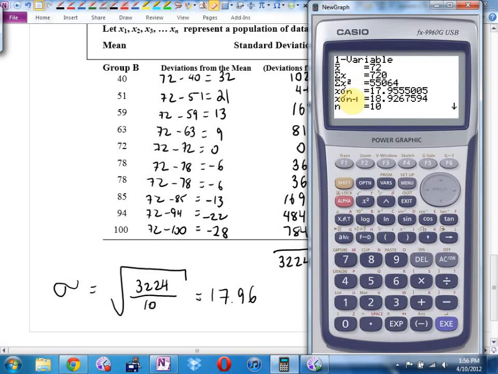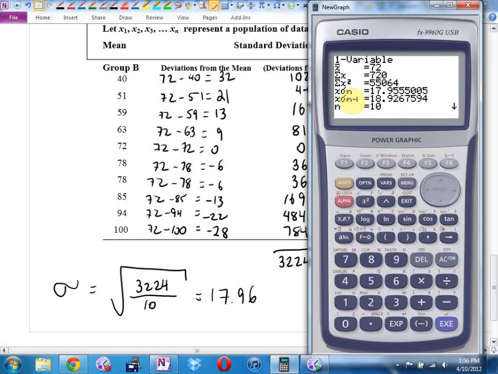Problem, Adam, or not? Yours doesn't have the X in front of it? Oh, even better. Good. Yours just has this, just the symbol. Well, it's a sigma, not an L. Show me your screen.